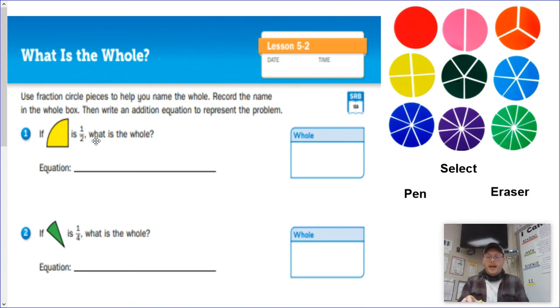If this represents a half, and these represent a whole, what other shape up here at the top looks like that? Well, in my case, the pink one looks just like it. So what I would write over here is 1 pink.